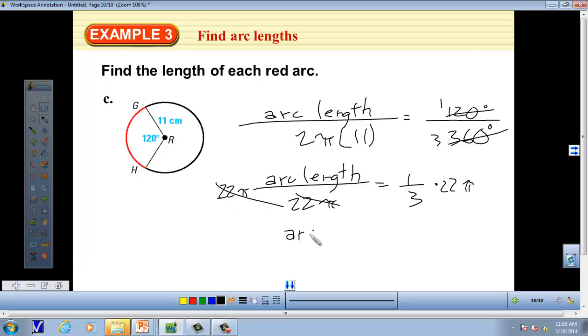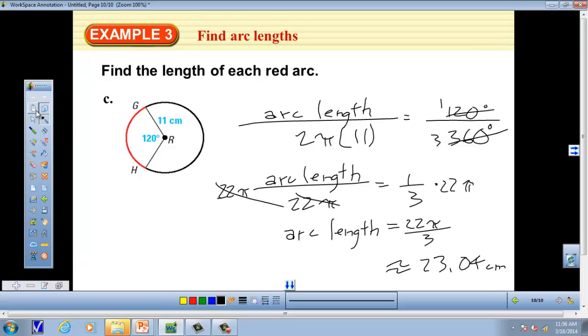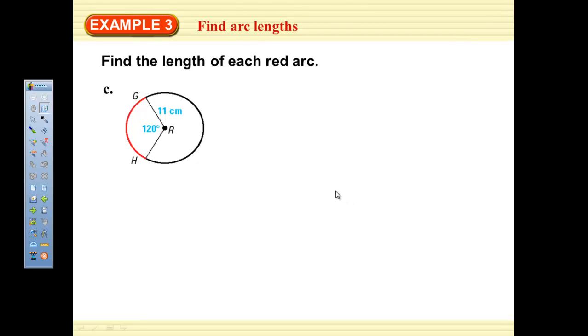So we have arc length equals, it's just going to be 22 pi over 3, and that's where we get our calculator. And if we do that to the nearest hundredth, we get 23.04 centimeters. So we get an idea of how this works. We'll do a couple more problems.